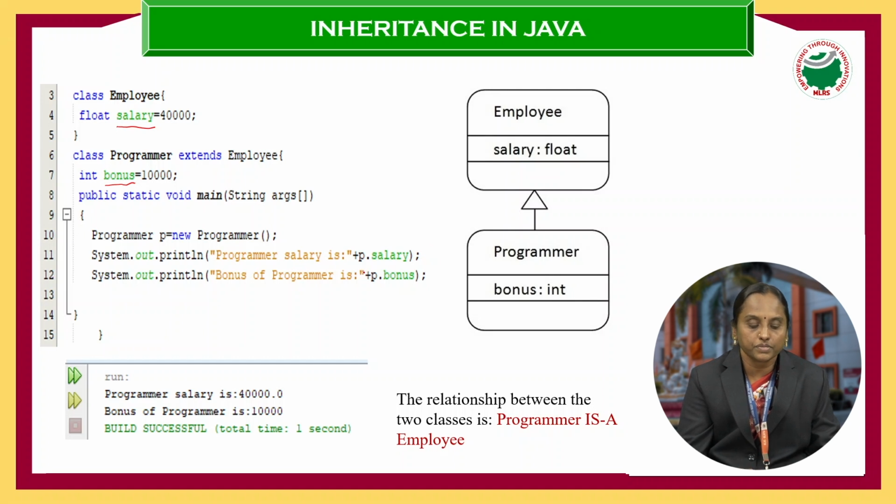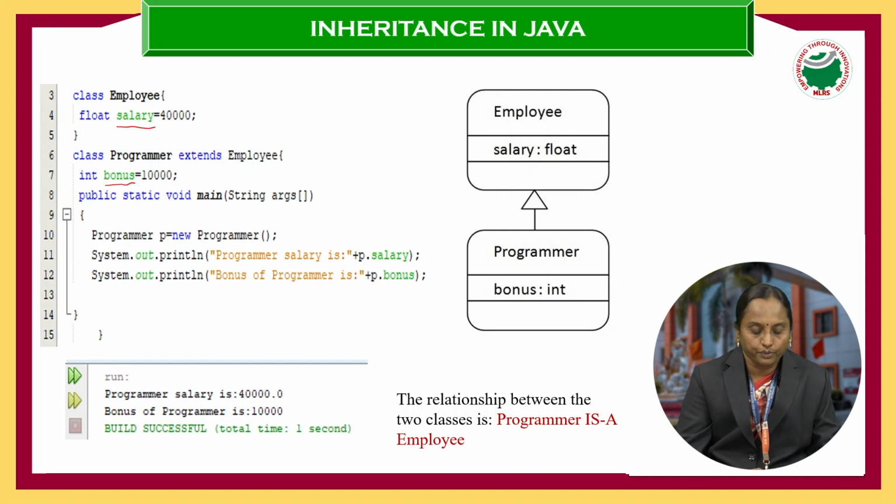So p is the object of the Programmer class. Salary is one of the properties of the Employee class. Next we display the value of bonus, p.bonus. Here in the inheritance concept, we can access the properties of the base class by using a subclass object. Here the subclass is the Programmer class.